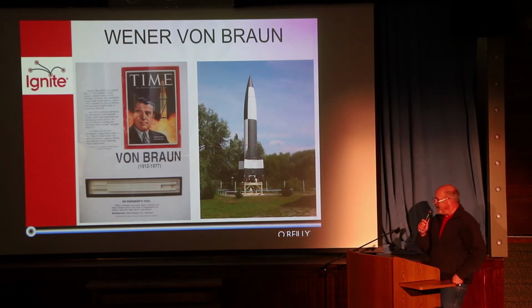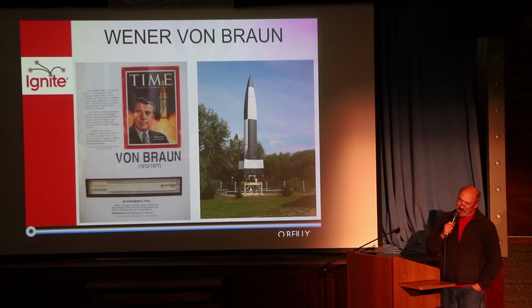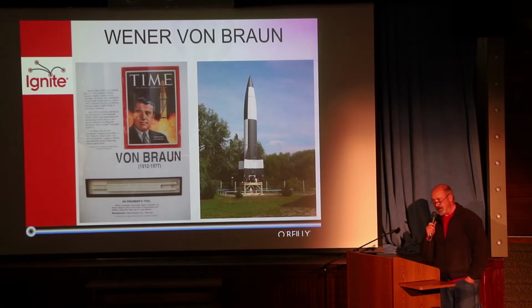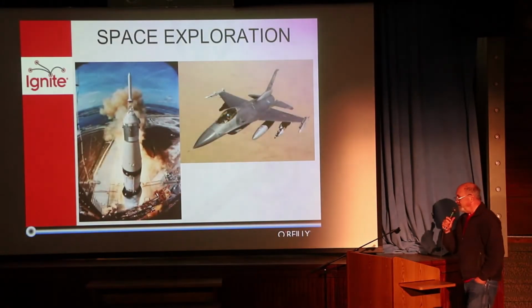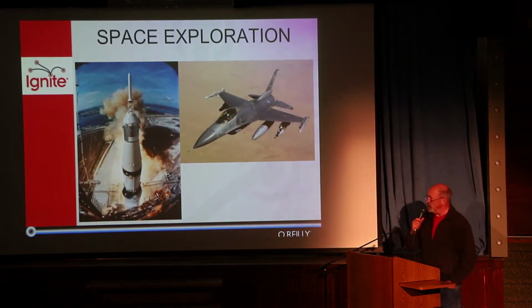We have this idea with calculators that because we can see 8 digits or 12 or 14, that somehow that's meaningful. Wernher von Braun used slide rules to, unfortunately, develop the V2, but then later to develop the Saturn V and put man on the moon.